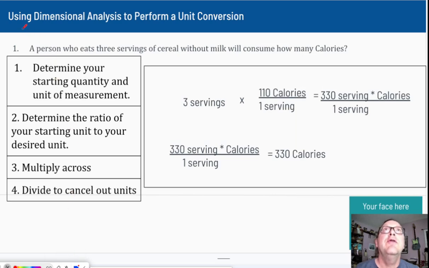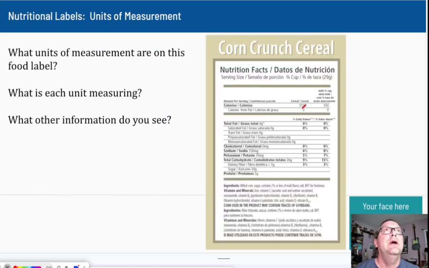So if I wanted to know how many calories a person who ate 3 servings of cereal without milk would consume, you might do a simple mathematical equation in your mind. Well, if it's 110 calories per serving, as shown right here, I would have to multiply that amount by 3.